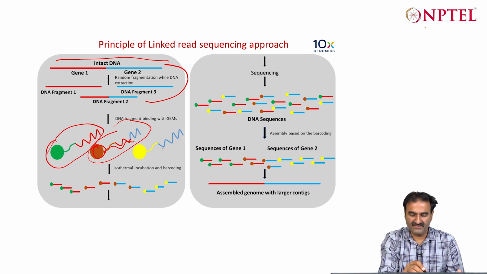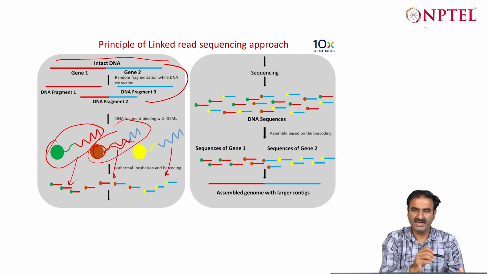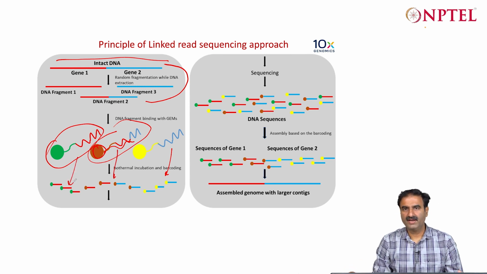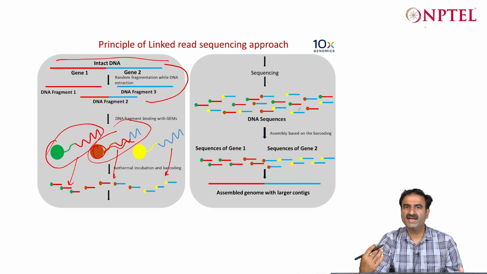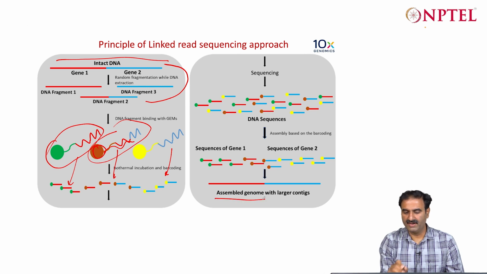The fragments generated from each of these pieces will also be labeled by the same barcode, and then you sequence them. So when you sequence, you have the sequence as well as the barcodes. We know that these green barcodes are coming from the same DNA fragment, and the yellow ones are coming from another DNA fragment, and we can use this information when assembling them into the assembled genome.